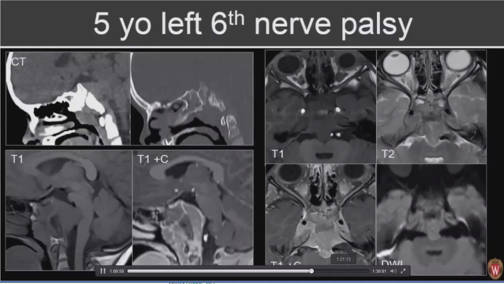So this is a 5-year-old who came in with a left 6th nerve palsy. And we can see on our bone windows how we have this permeative lesion that's destroying the clivus. And we notice here that we've got a very large soft tissue component that is extending into the posterior cranial fossa. And we can see that it's enhancing, and it's doing that sort of thumbing the pons.